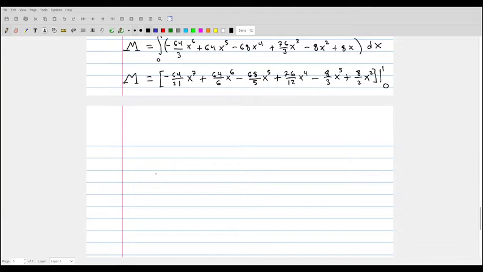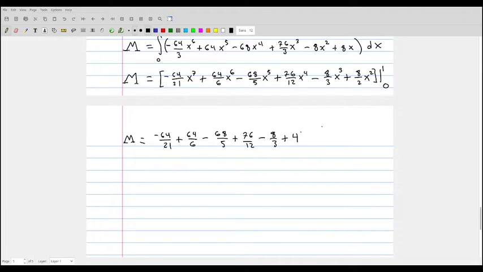So plugging into this expression will give us the following sum. We plug in 1 here, and we'll get negative 64 over 21 times 1 to the 7th, plus 64 over 6 times 1 to the 6th, minus 68 over 5 times 1 to the 5th, plus 76 over 12 times 1 to the 4th, minus 8 thirds times 1 cubed, and then plus 8 over 2 times 1 squared, which is just 4.